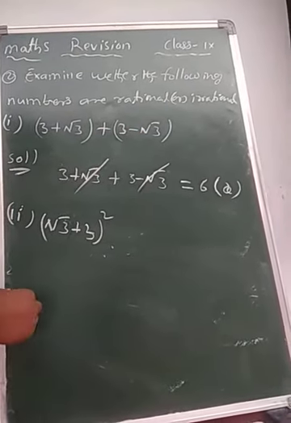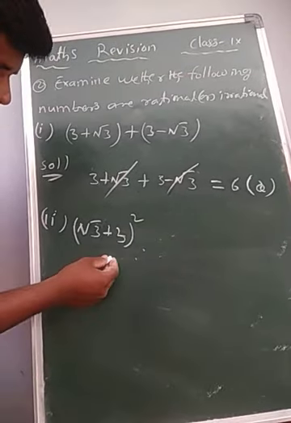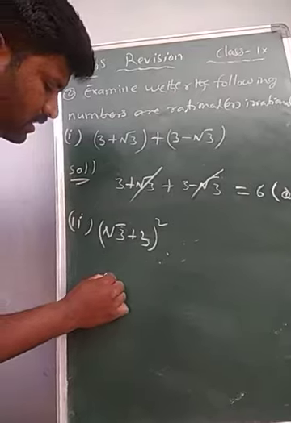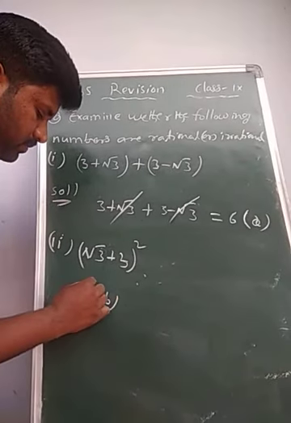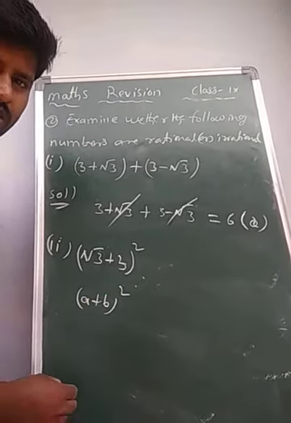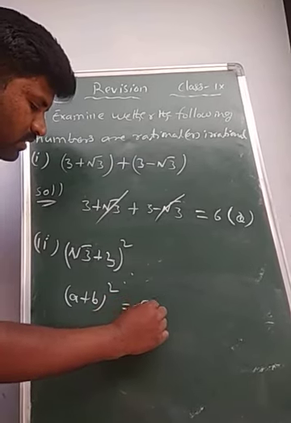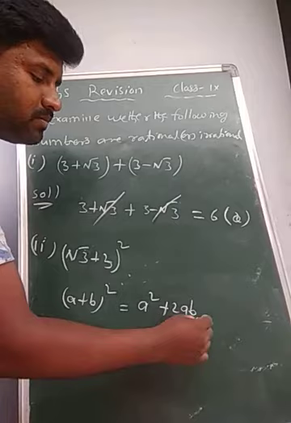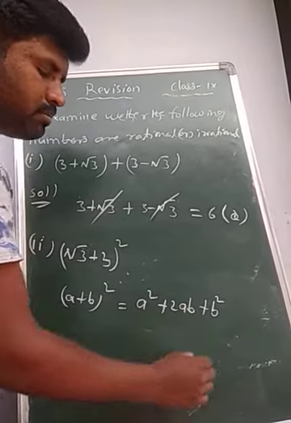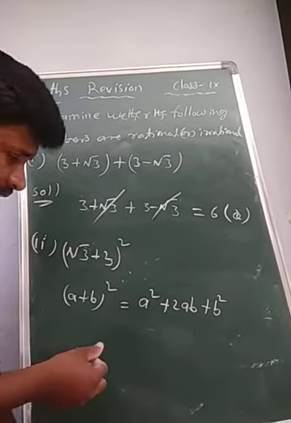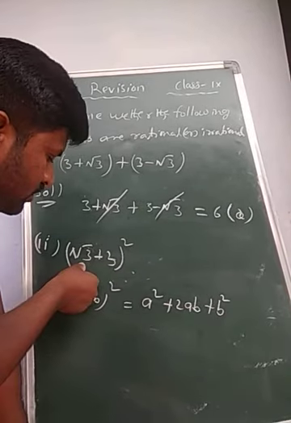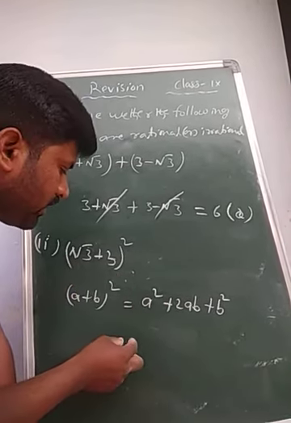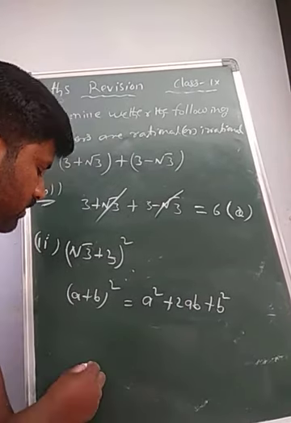We know the useful identity required here: a plus b whole square is equal to a square plus 2ab plus b square. Here a is root 3, b is 3. Then I am going to expand in this form.